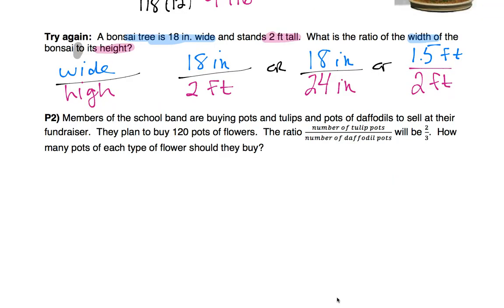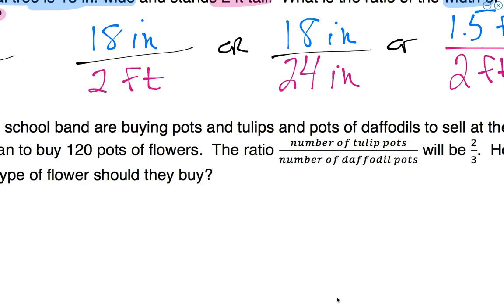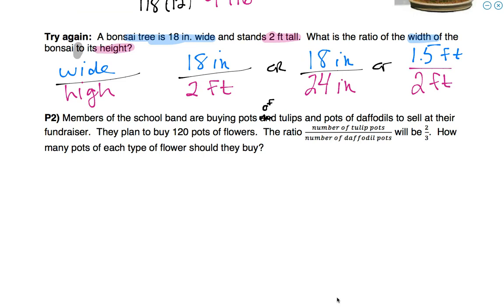All right, members of the school band are buying pots of tulips and pots of daffodils. I think it's supposed to say pots of tulips and pots of daffodils to sell at their fundraiser.